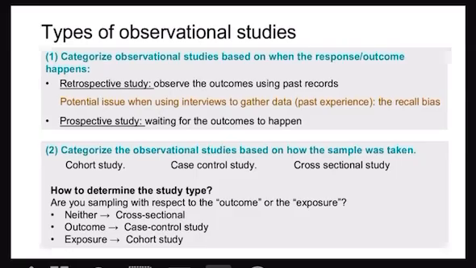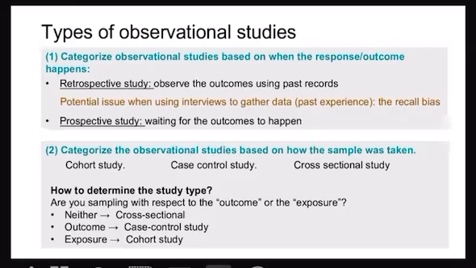So if you want to base your sampling on outcome, there will be two type of studies that can be conducted in that regard. It's either I want to look backward or I want to look forward.